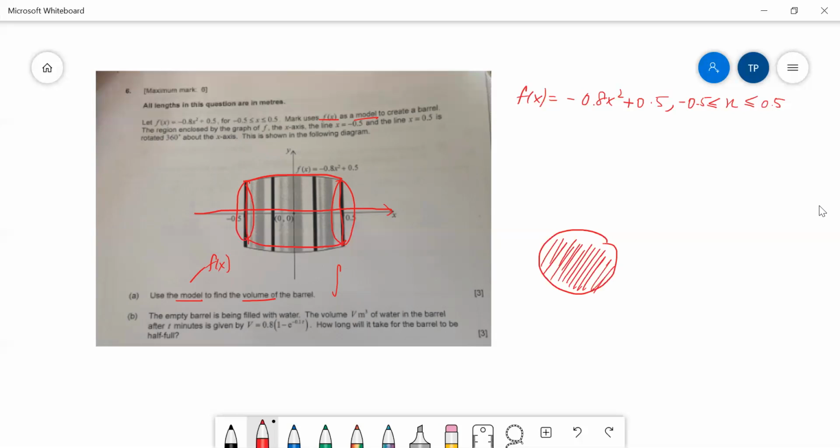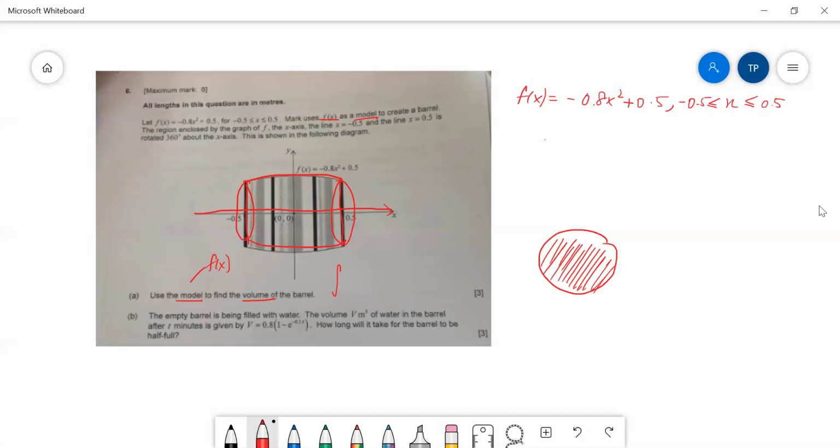So imagine one slice of roti prata stacked on top of another, maybe like 100 roti pratas together. When you have 100 roti pratas together, it gives you a volume, right? It gives you a cylinder. It gives you a volume of a cylinder. So this is what is happening when we are finding volume.